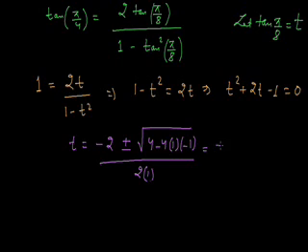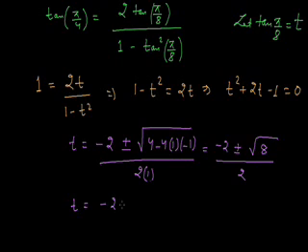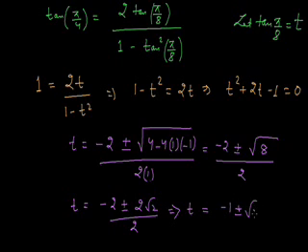So it will be minus 2 plus minus under root 4 plus 4, 8 upon 2. So t will be equal to minus 2 plus minus 2 root 2 upon 2. So t equals minus 1 plus minus root 2.